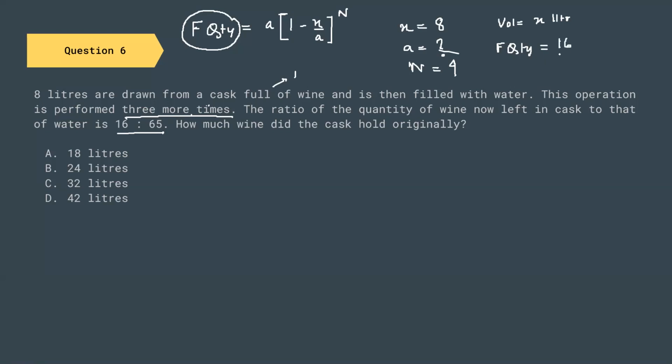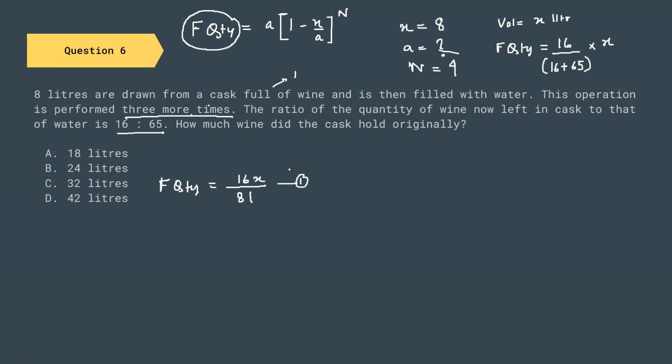So final quantity will be 16 divided by (16 plus 65), and this will be multiplied to x. So the final quantity of wine will be 16 divided by 81 x. This is your final quantity.